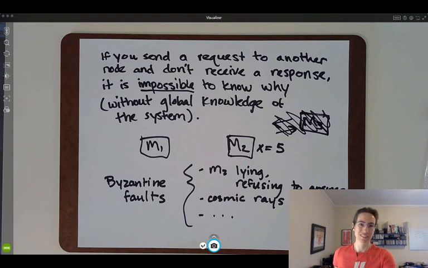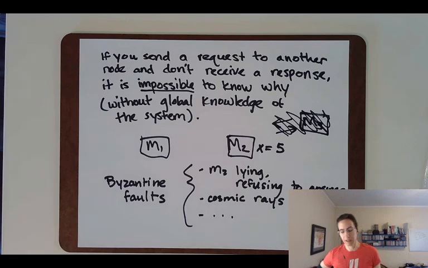It's a set amount of time before you drop a request. Right, yeah. For us, it means after some amount of time, if M1 is sending this request and there's no response, give up and assume failure.